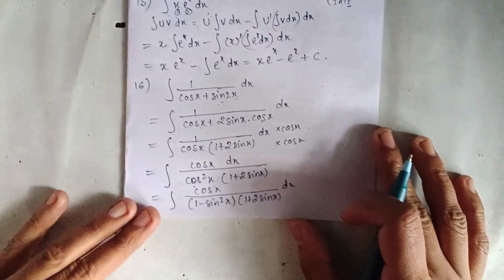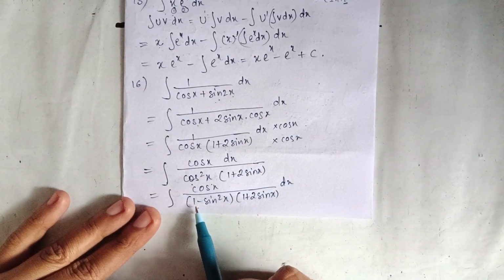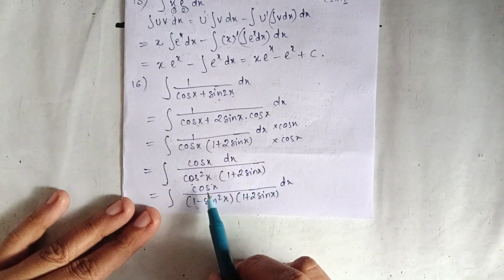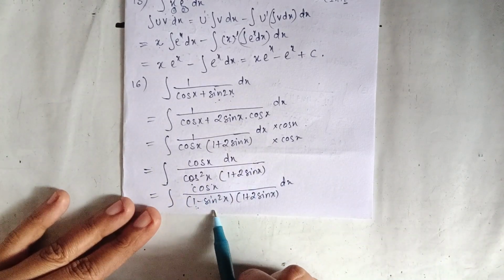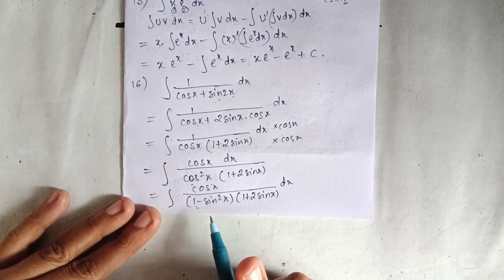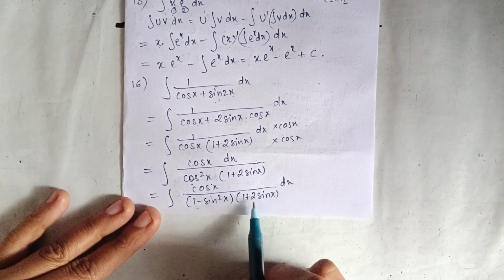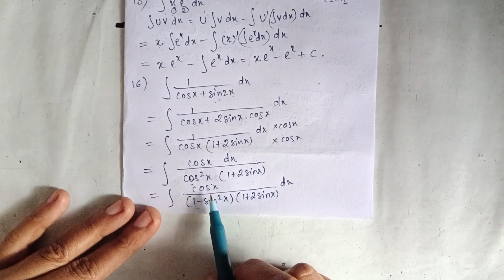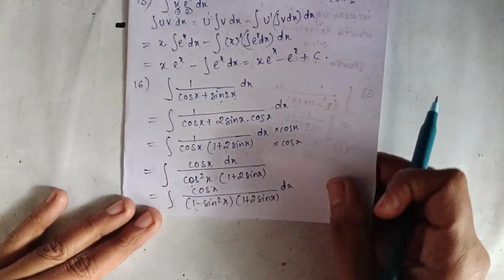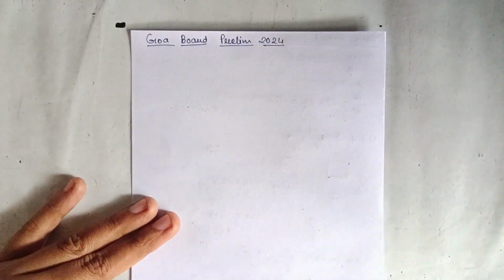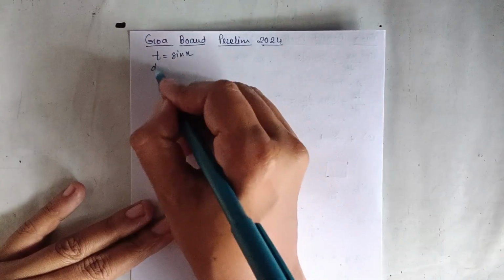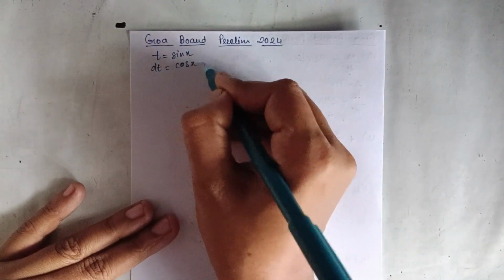Okay, so the denominator, now you can see that this full thing is in the form of sine, okay, and its derivative is cos. So we can apply here integration by partial fraction, okay. So we can put t as sin x, so dt is cos x dx.